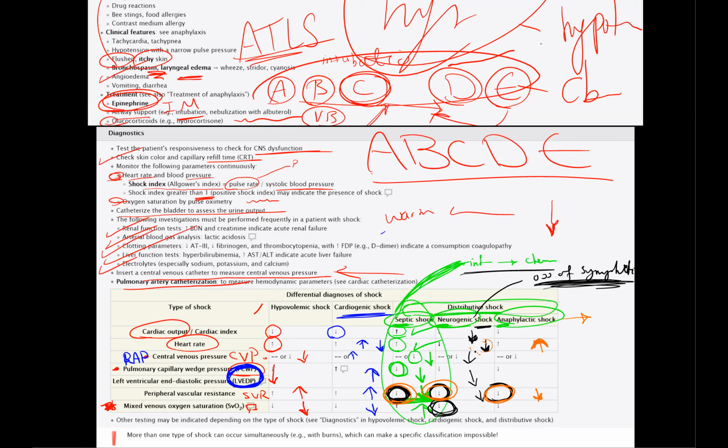This is the difference, because with the heart there is no sympathetic affection. But here it is just pooling of blood, like the septic shock. So we will have reflex tachycardia. We will have low cardiac output, okay, because of pooling of blood. We also have low pressures inside the right and left atrium.